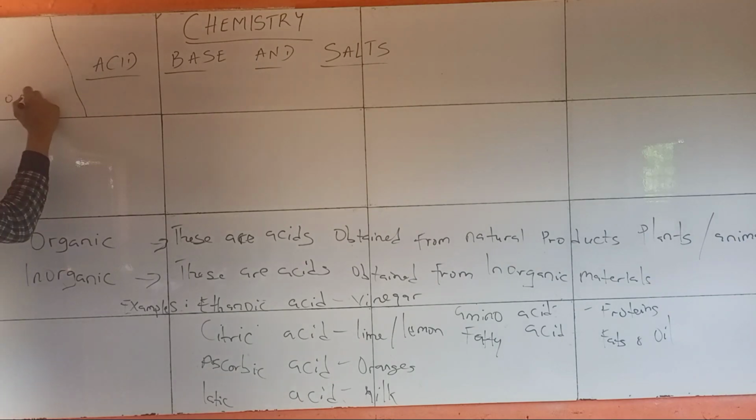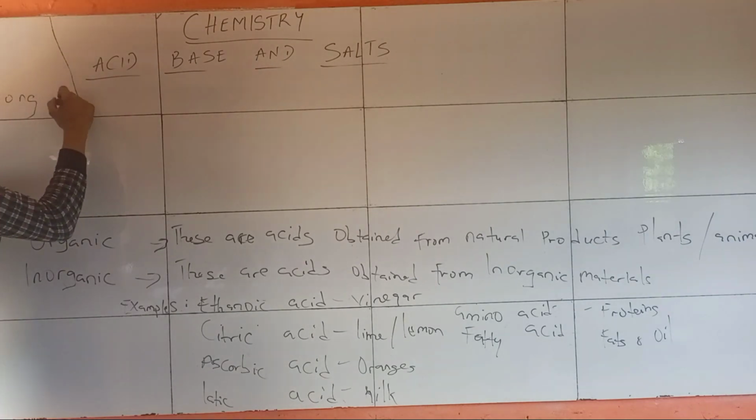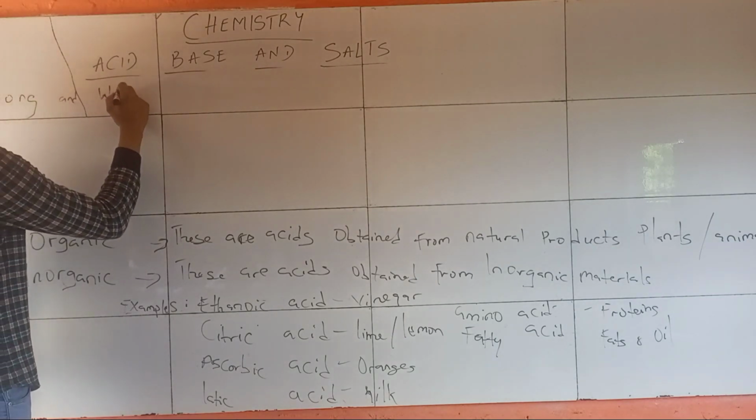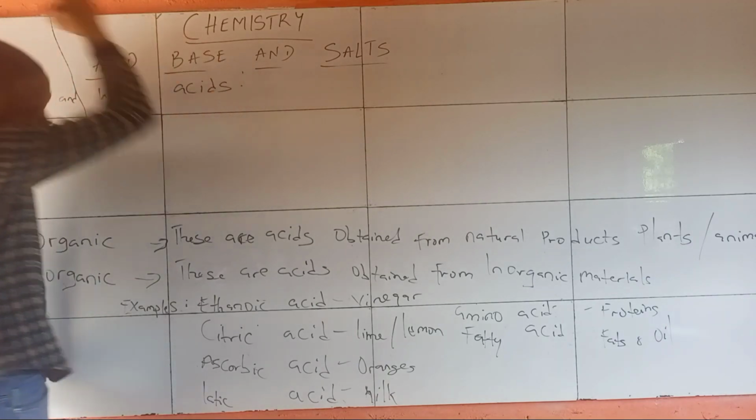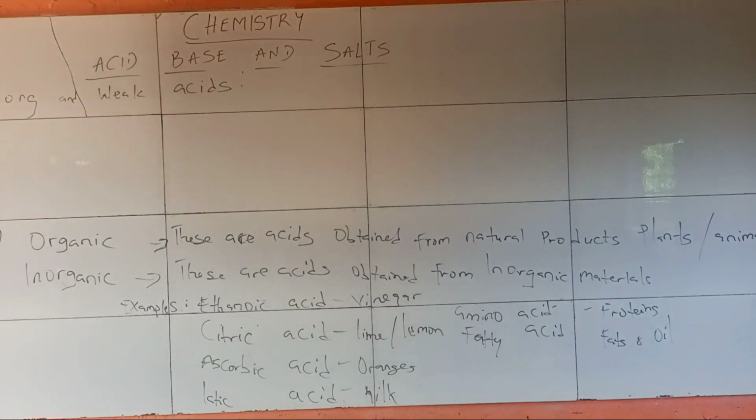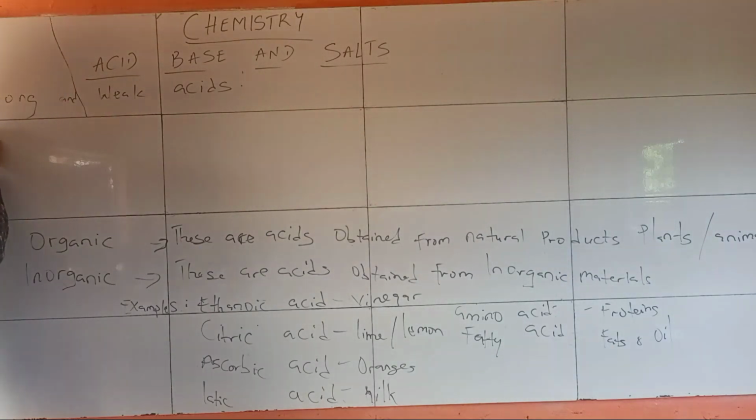The next major thing I want to highlight under acid is strong and weak acid. Strong, you should take note of this. Strong and weak acids. Strong and weak what? Acid. Let's go with the strong acid first. Strong acid.